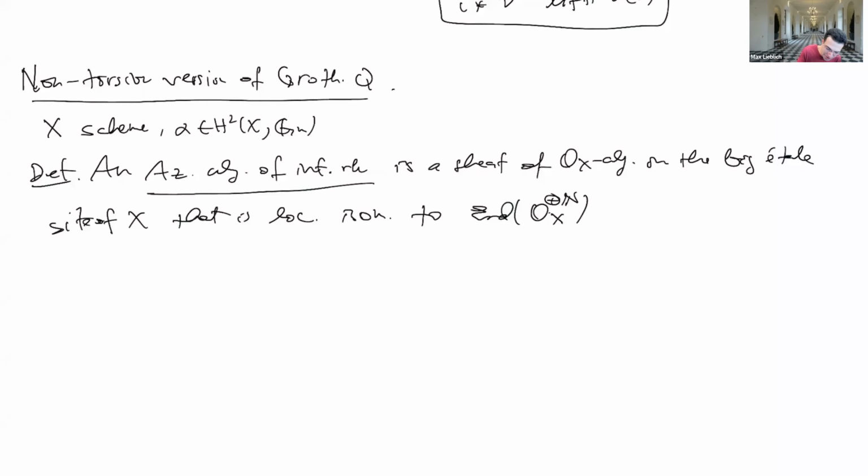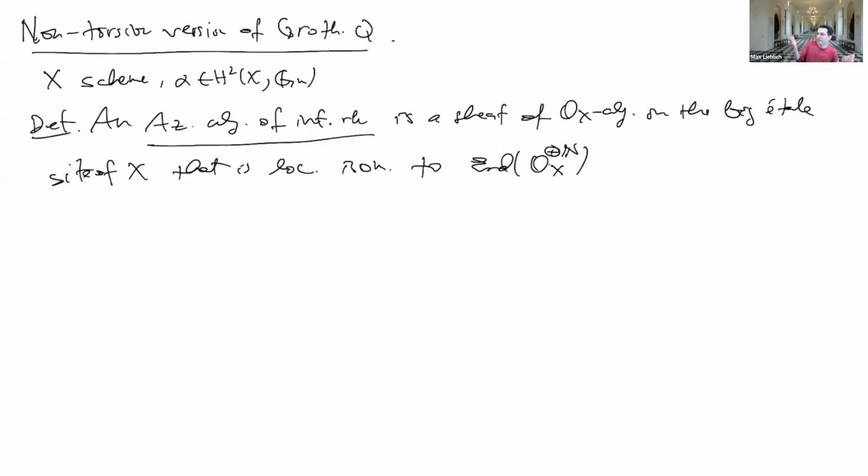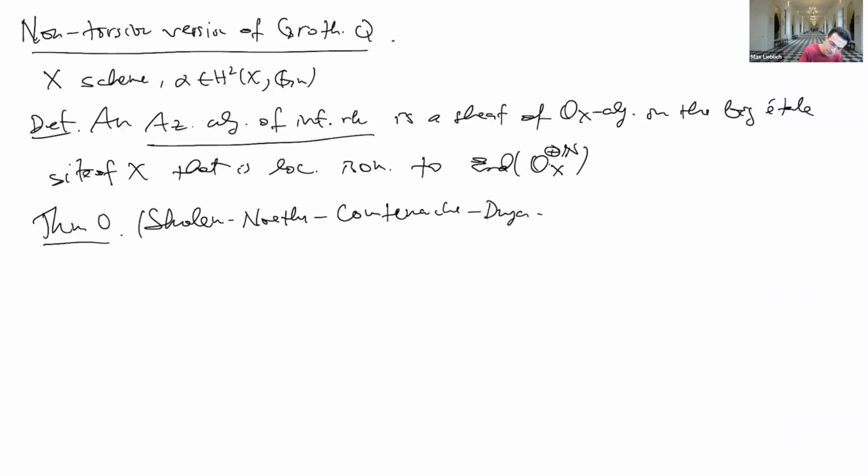But now let me tell you, is there a Skolem-Noether theorem for this infinite-dimensional matrix sheaf and all this stuff? So Theorem 0, which is really what connects this to geometry, and I guess you could trace this to Courtemanche, Degas, De Jong, myself, and Shin, is that the Skolem-Noether theorem still works.